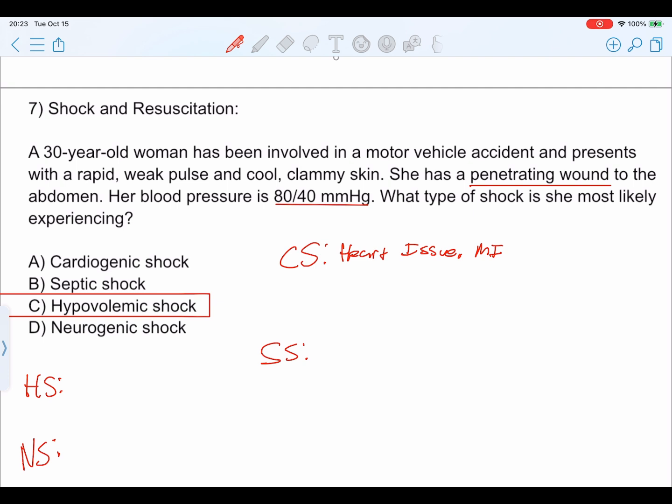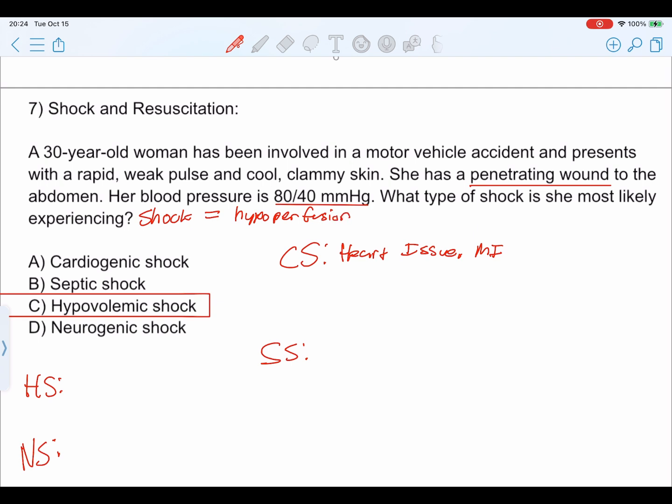And this can be caused by a lot of things, such as an MI, which is myocardial infarction, otherwise known as a heart attack. It can also just be caused by simple dysrhythmias, heart failure, a whole bunch of different things. And this is when your heart fails to pump out enough blood, which leads to shock. And you should know shock and the signs and symptoms of shock.